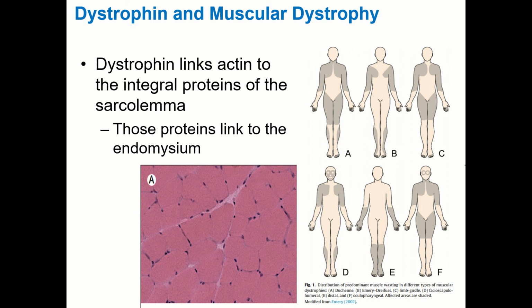So if you only have one copy of it, then that's going to be problematic, because that's the only instructions the body has, or the muscle cells have, for making that protein. So this condition is present almost exclusively in males, because males are XY. And since this is on the X chromosome, if boys or males only have one copy and the one copy they have is wrong, then they can't make the protein correctly.